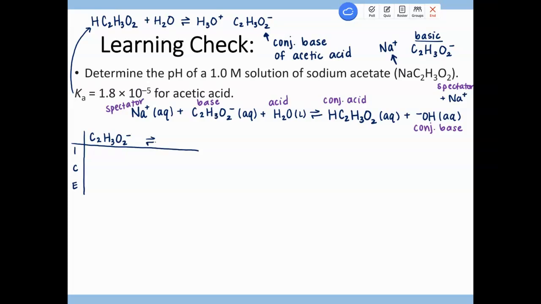So acetate ion, acetic acid, and hydroxide. So I just left out spectator and water as a liquid.